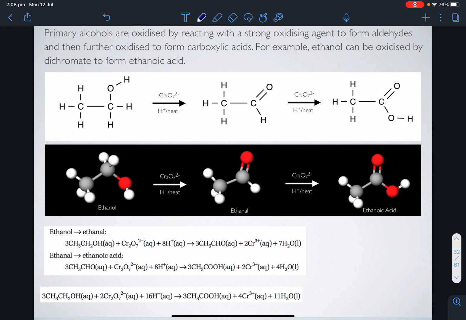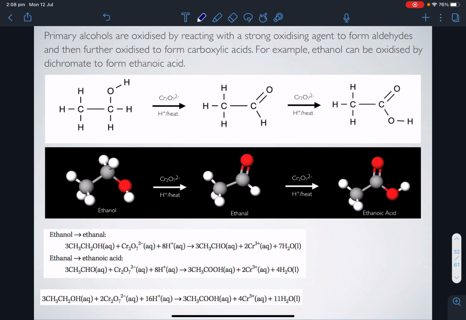I've still got the same example here, but I've changed it to the dichromate. Still exactly the same thing going in, and I've given you the full equation down the bottom. It's very difficult to get that out, so don't worry too much about it. I haven't seen that asked for before.